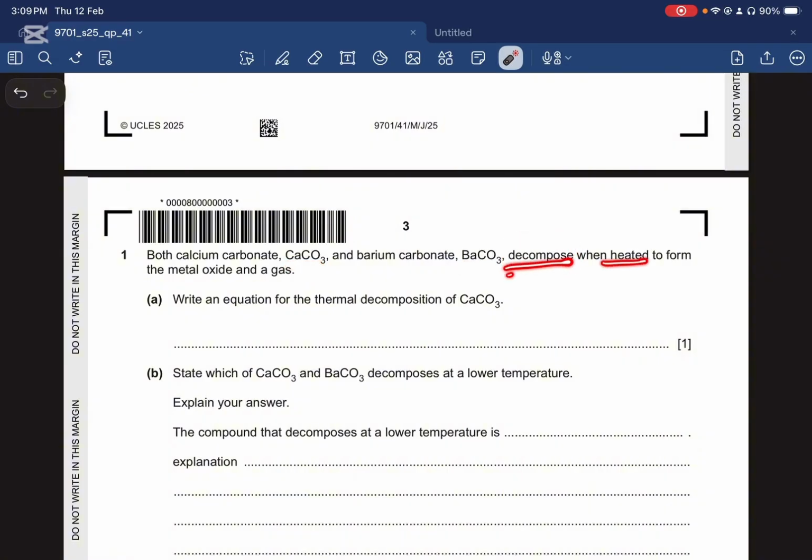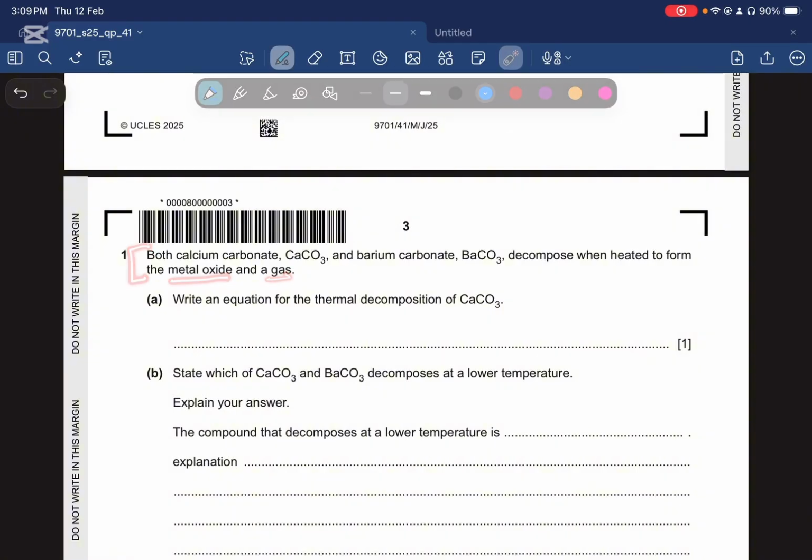What does decompose mean? Decompose means breaking down when I provide heat in order to form a metal oxide and a gas. We already know this reaction from our IGCSEs and our AS levels that whenever you have a group 2 metal carbonate, you thermally decompose it, you form that metal oxide and carbon dioxide.